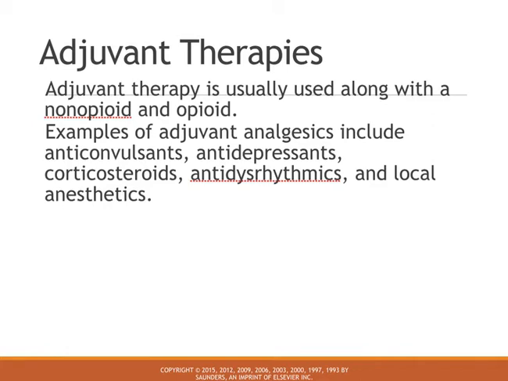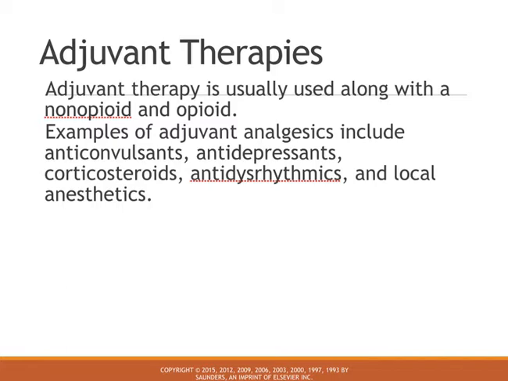Then let's talk about adjuvant therapies. Those are treatment modalities that are usually used along with either a non-opioid or an opioid. Some specific examples are anticonvulsants, antidepressants, corticosteroids, antidysrhythmics, and local anesthetics.